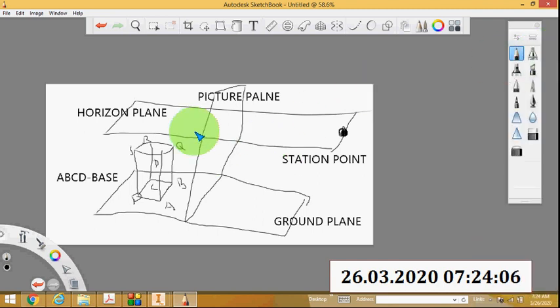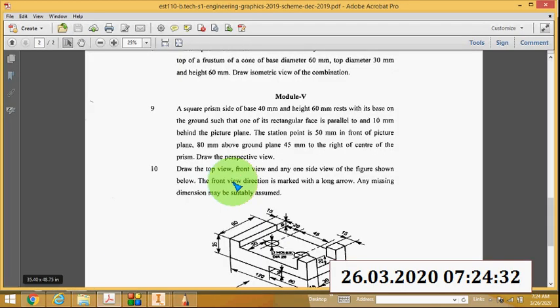This ABQP is parallel to the picture plane, and this ABCD is the base. The square prism is resting on its base on the ground plane.